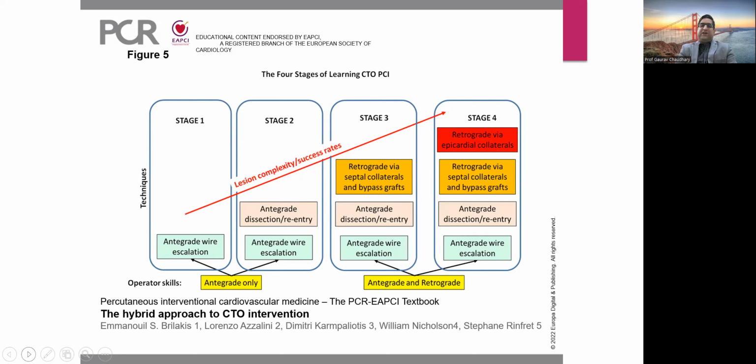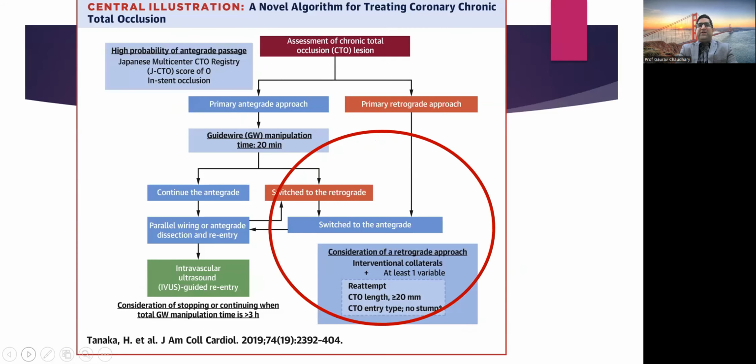So it's a bit difficult. This is the hybrid approach for CTO intervention, and these are the levels of complexity. Before starting any retrograde PCI, we should keep in mind that it requires a certain level of knowledge, skill, expertise, and a good number of antegrade CTO PCIs done.